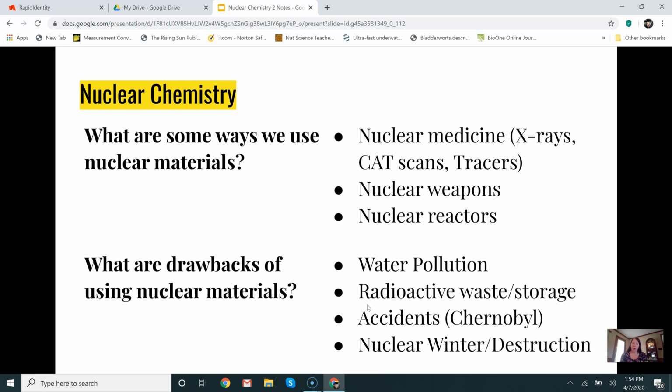There are a lot of drawbacks to using nuclear because it's not safe to people and animals in nature. We have the water pollution from the site's nuclear power plants. We also have the radioactive waste that is created by them.